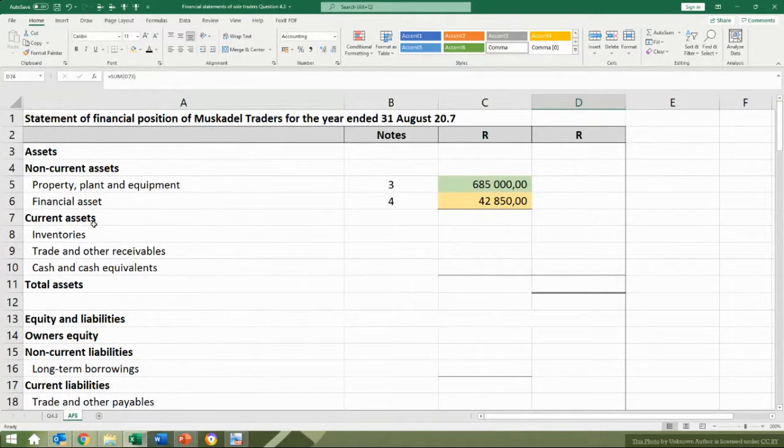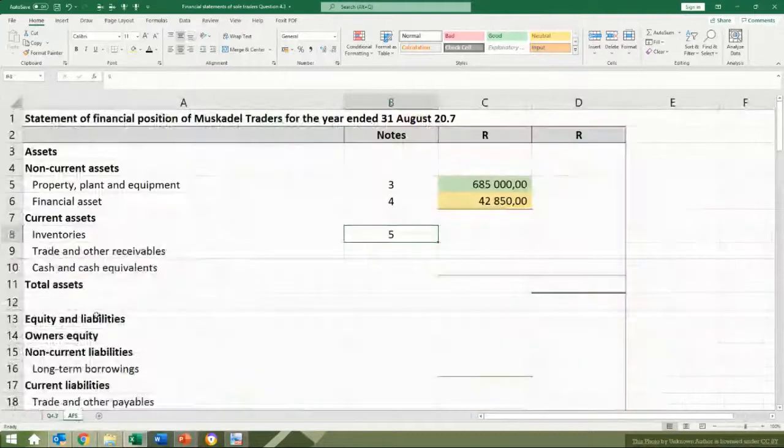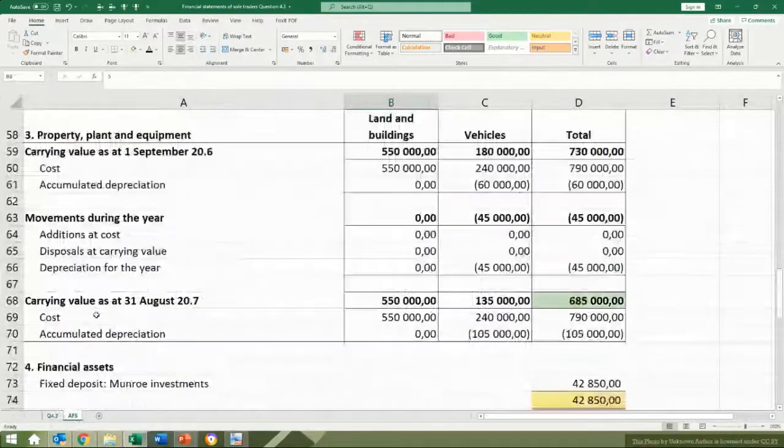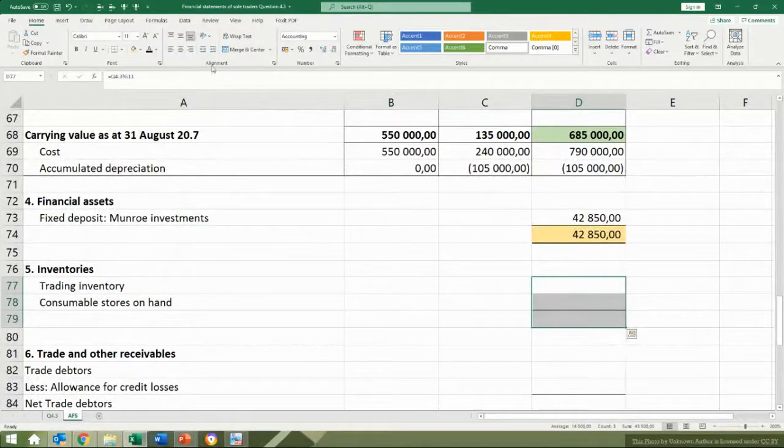Then we look at current assets. Now, inventories are generally made up of multiple accounts. In this scenario, it has 2 accounts. So you would first do the note disclosure before you do the amount. Based on the information provided, we would have trading inventory in there, and then the consumable stores on hand would also fall under inventory. So if we look at the note disclosure first, we've got trading inventory, you show the balance, and then the consumable stores on hand balance.